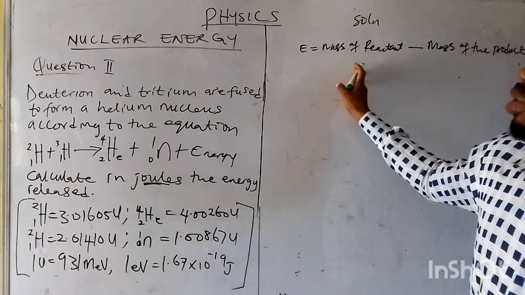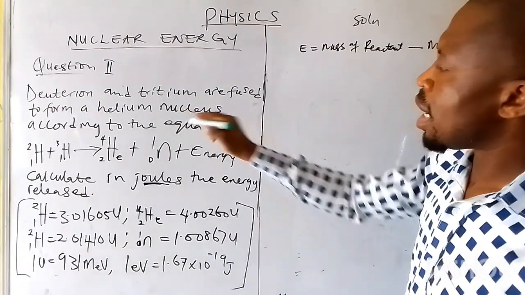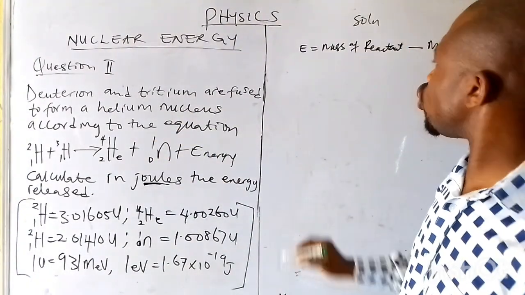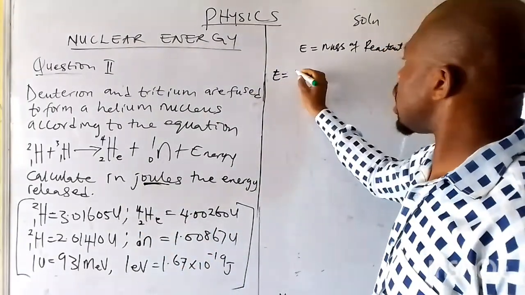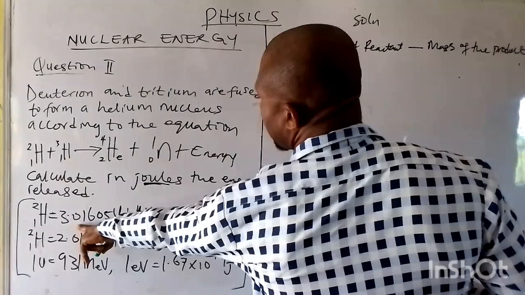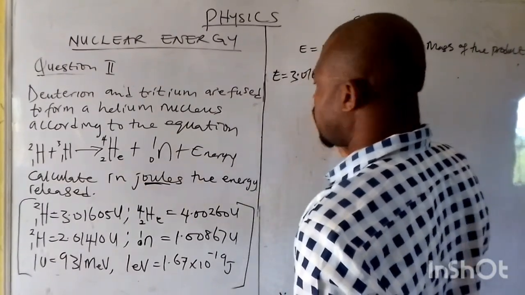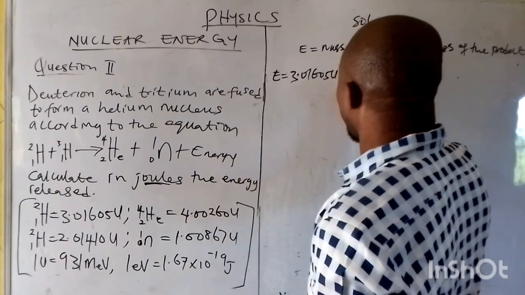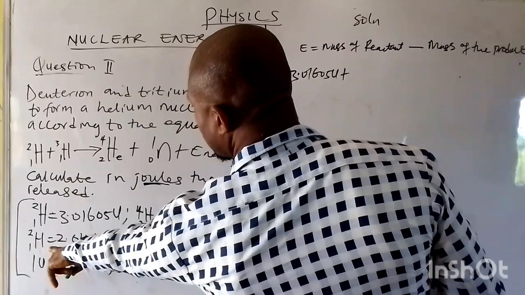Now, this is the reactant. The reactant is deuterium and tritium. So we now have that E is, we put the masses straight, which is for deuterium, we have 3.01605 U plus tritium.